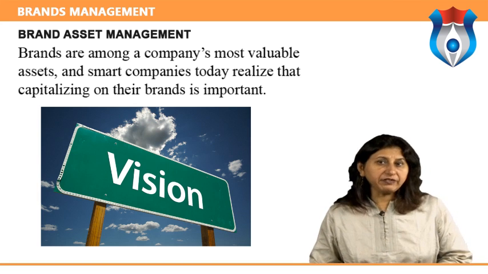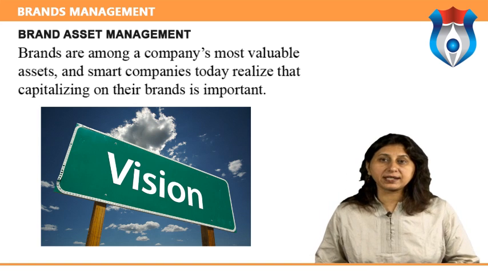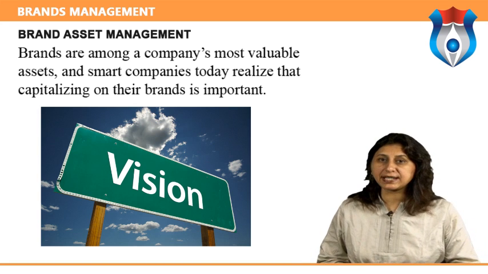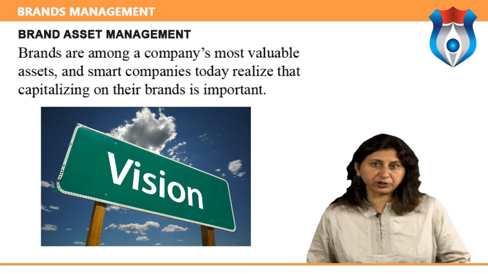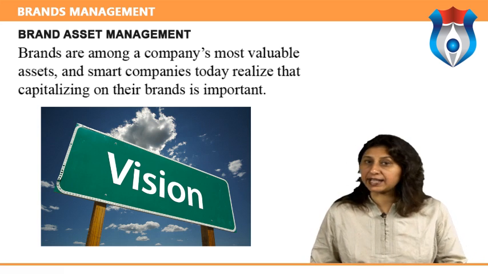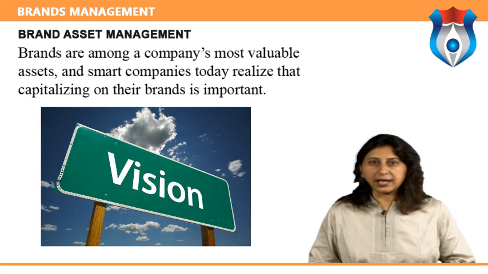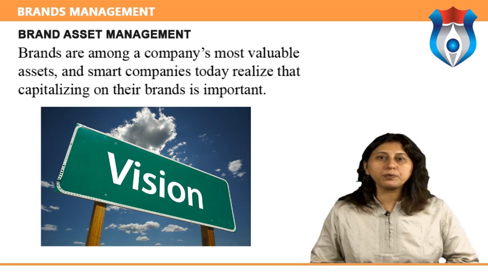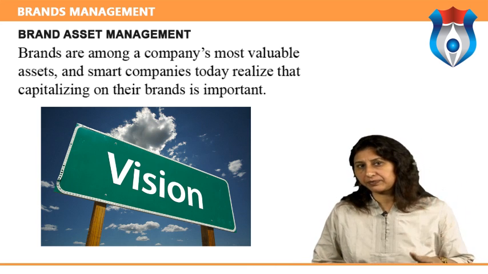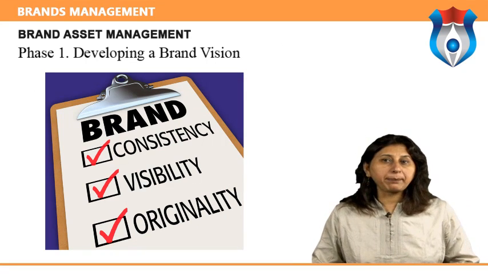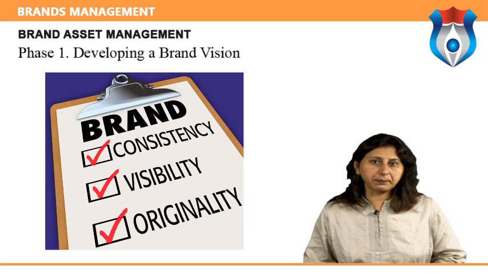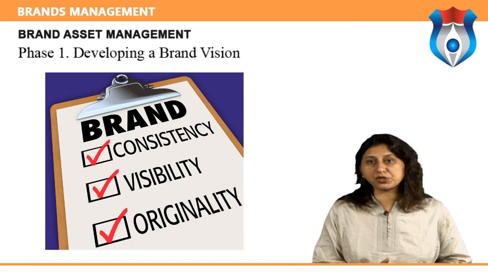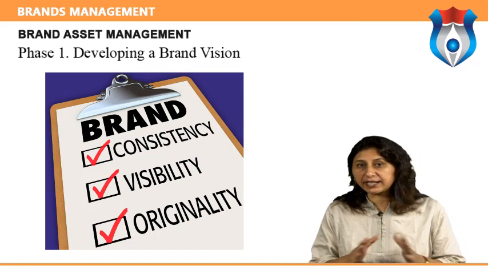In this, we will use an 11-step process to leverage the company's brands into a valuable asset that will let us charge a premium for the products and services and still retain market leadership. The steps in the process are grouped into 4 phases. Phase 1. Developing a brand vision. The vision we develop for the brand must be linked to the corporate vision and must fill a financial growth gap.